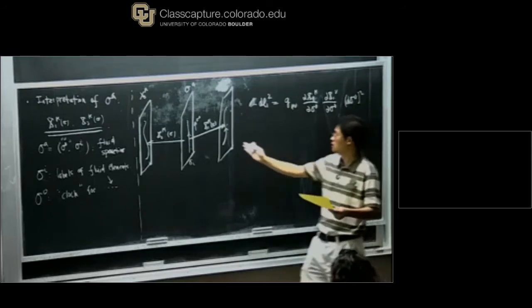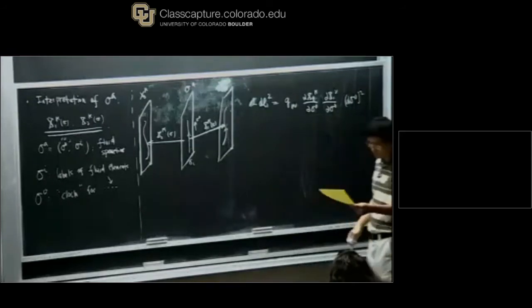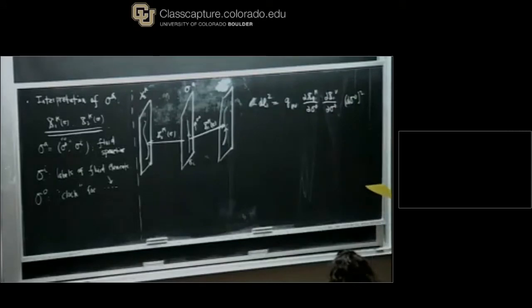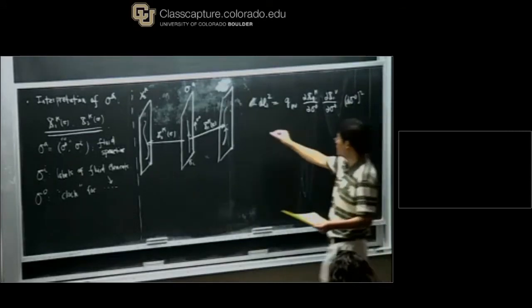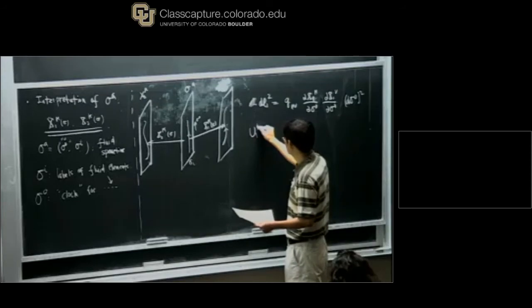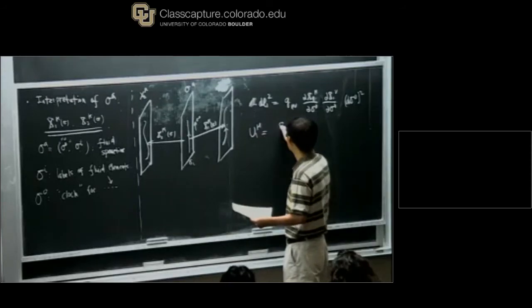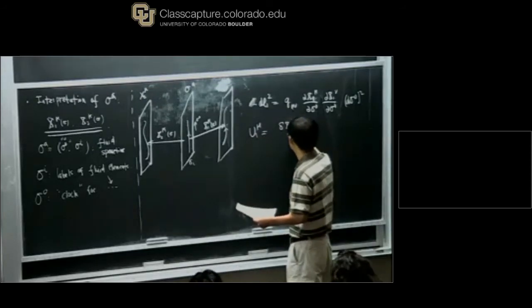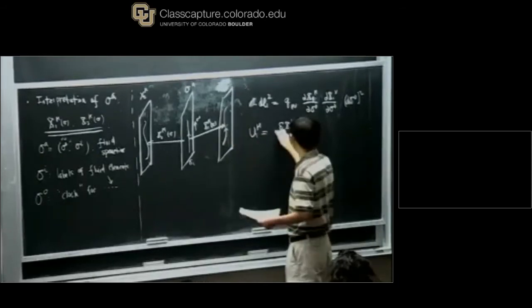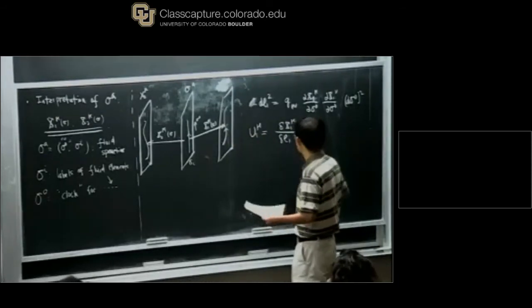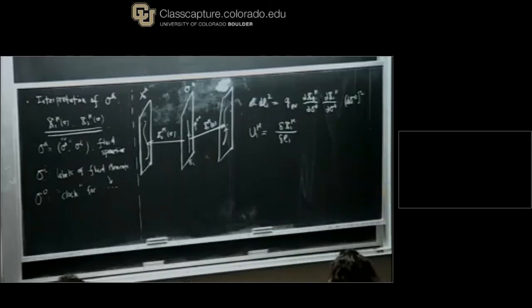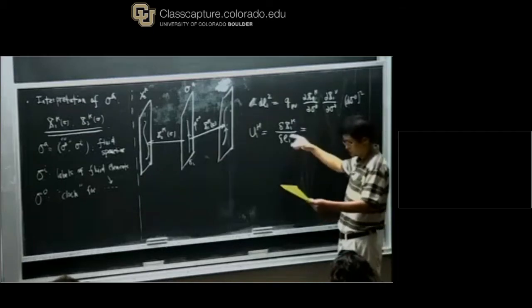This is the proper time along the physical space-time. Then we define the corresponding velocity u1 to be just the motion dX1 mu divided by this proper time, by definition.